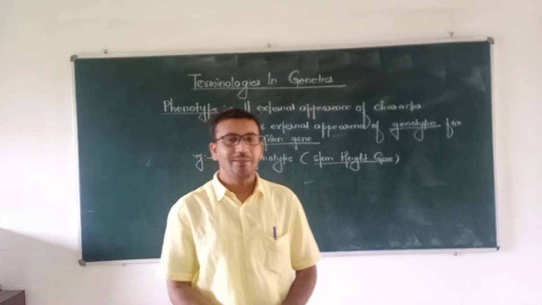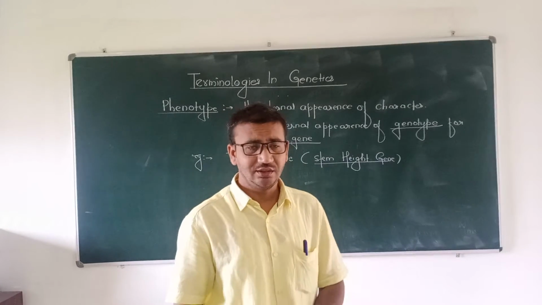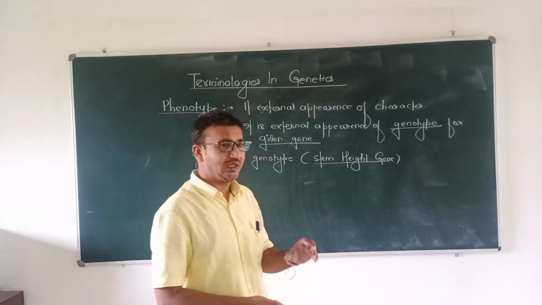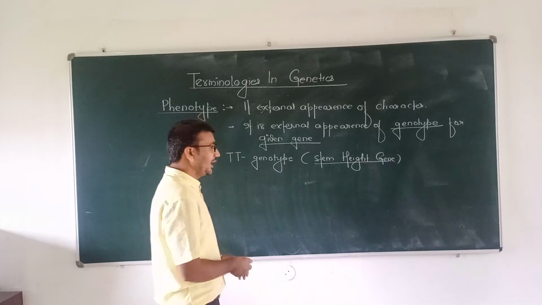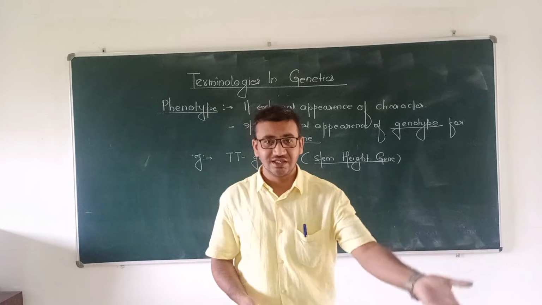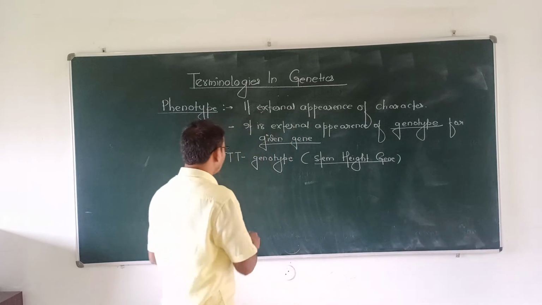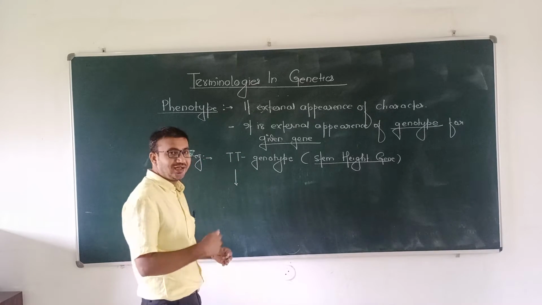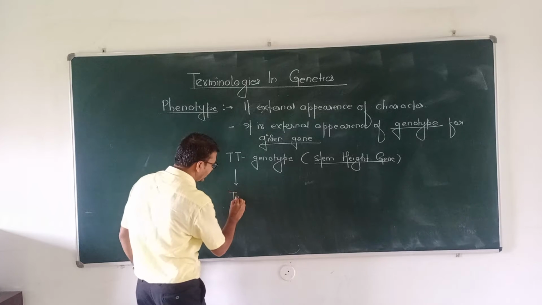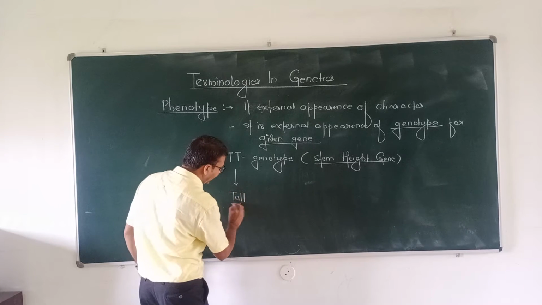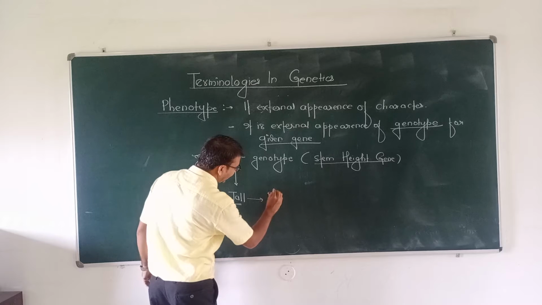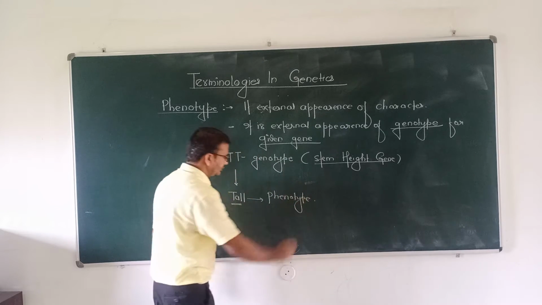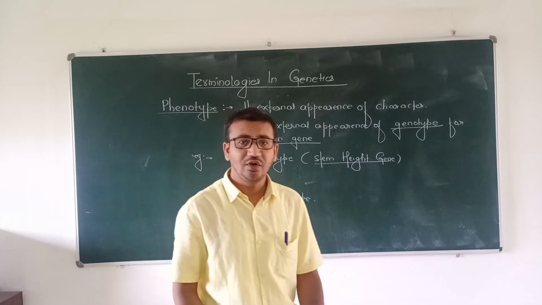One of the genotypes of the stem height gene can be written as capital T. So capital T is a genotype, and how it looks externally is the phenotype. This capital T externally looks tall, or it shows the characteristic of tallness, and this tallness is called the phenotype.